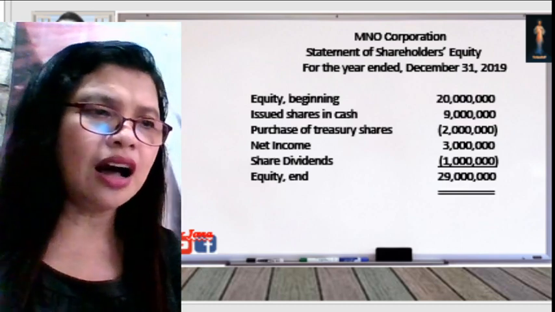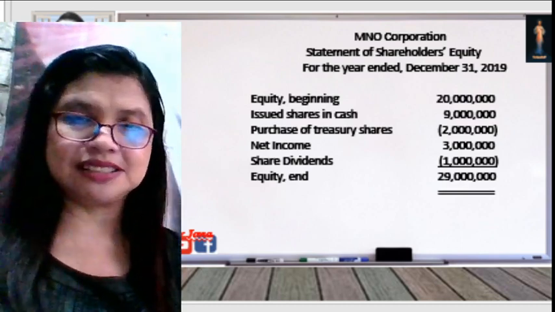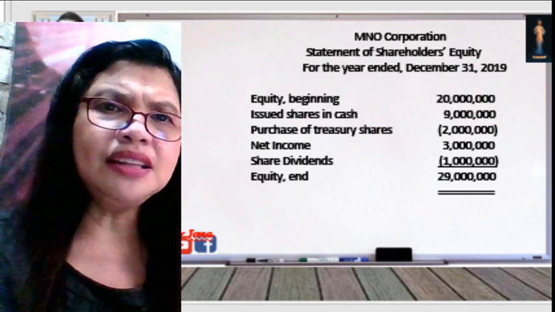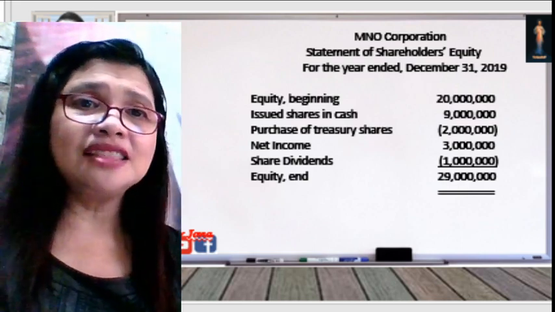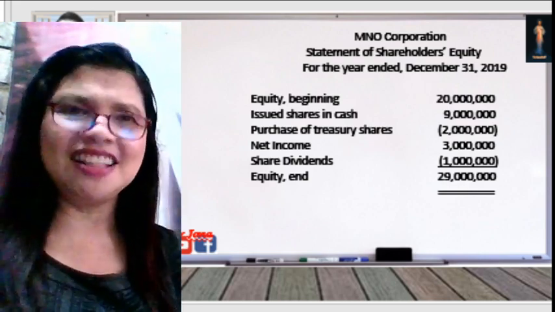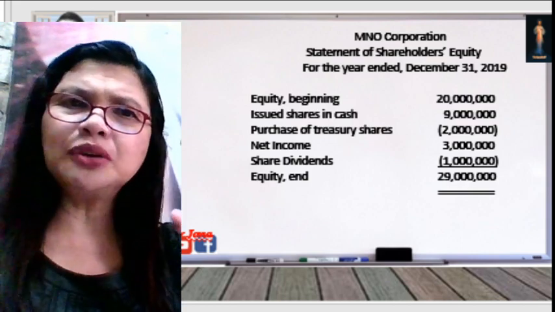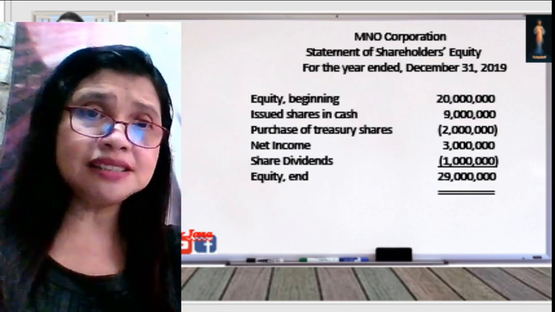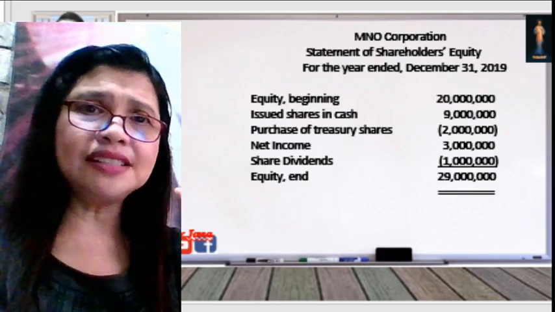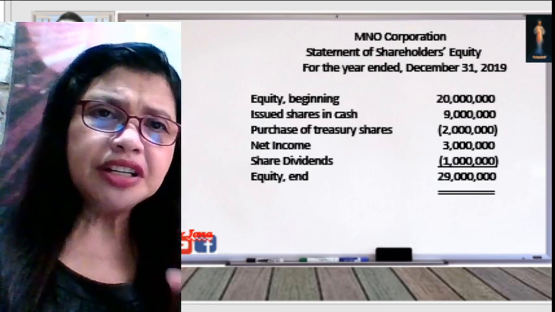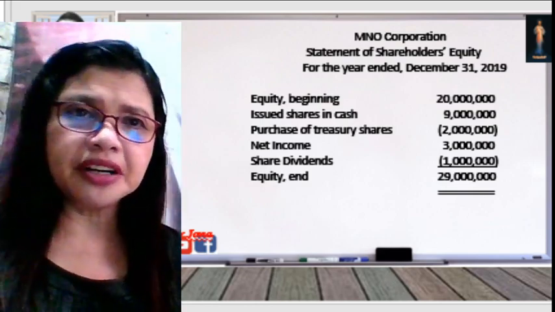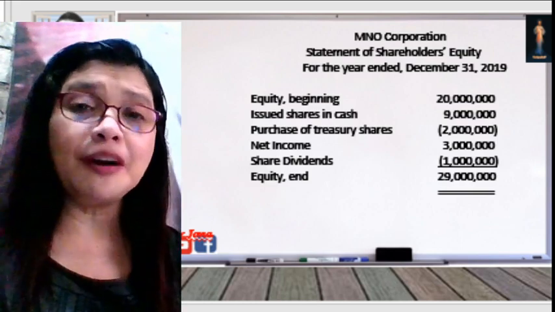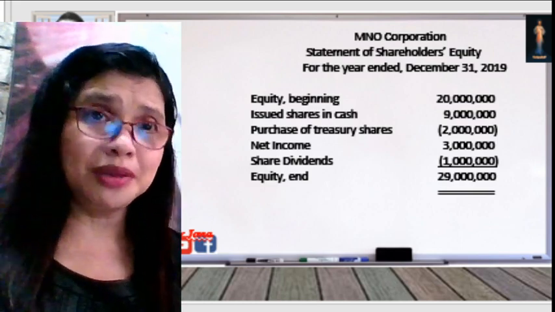Okay, so that is how a corporation works. Then when we deduct the dividends, we get the final equity at the end. So there is a slight difference, but it's vital. It's vital that we learn these terms so that when we enter our college years, there is already familiarity with the accounts that you will be using.